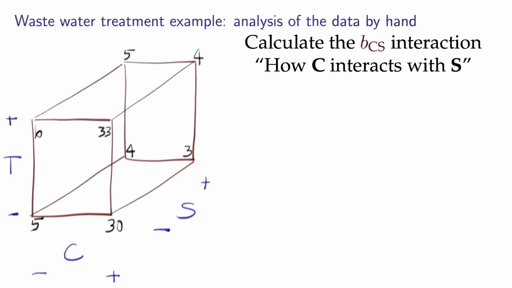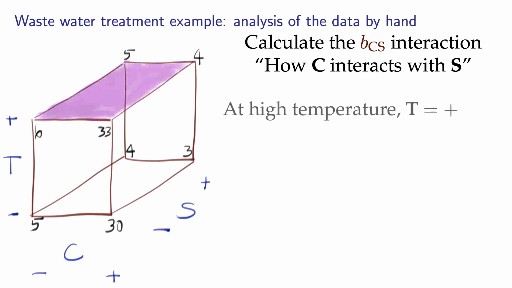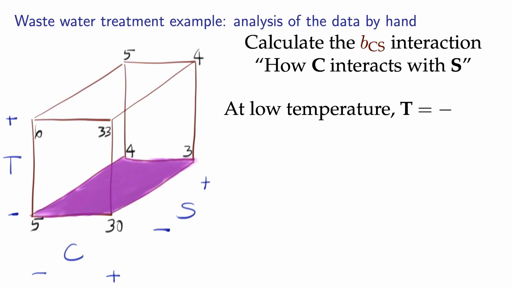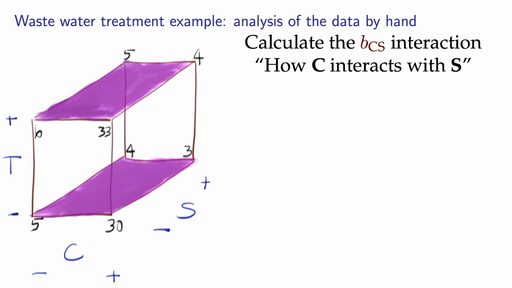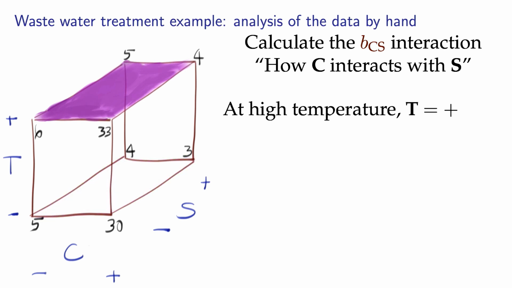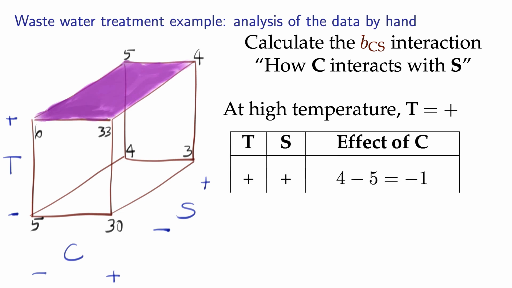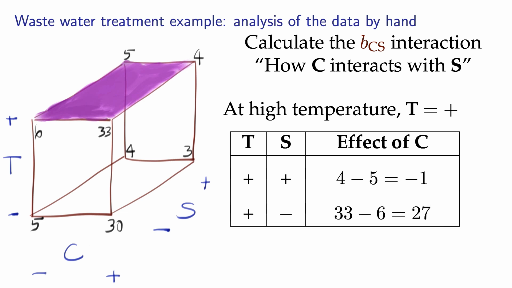We have two chances to calculate it. One instance at high temperature and one instance at low temperature. We will calculate both and then average the answer. And then, as we've always done, report half the value. So at high temperature, the difference due to C at high speed is 4 minus 5. The difference due to C at low speed is much greater, 33 minus 6.